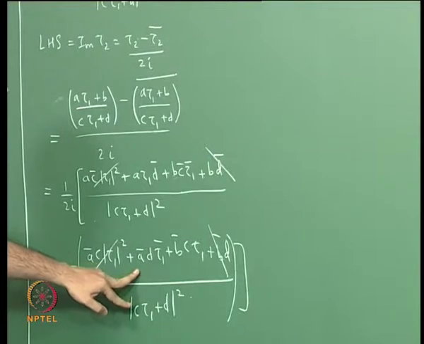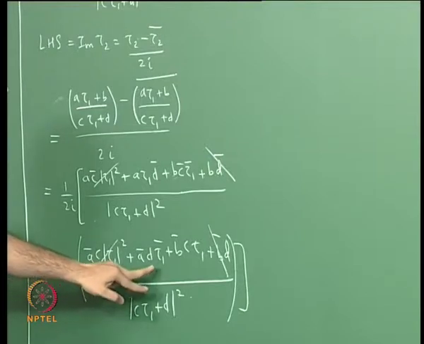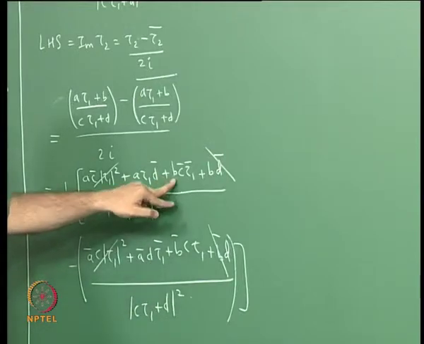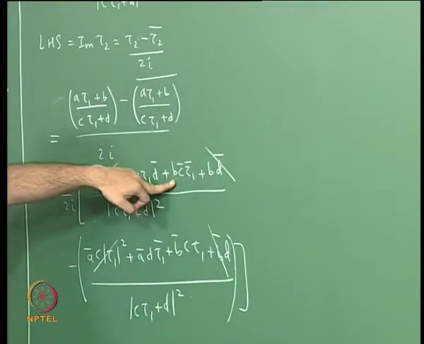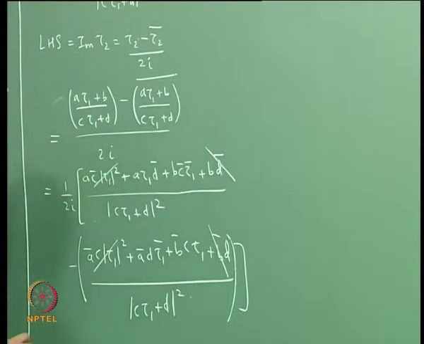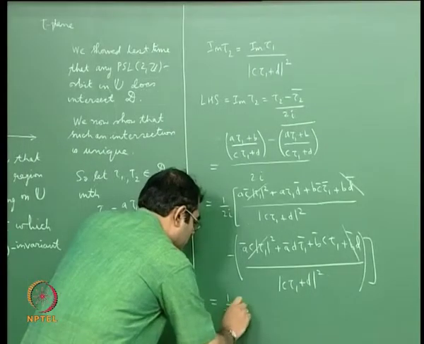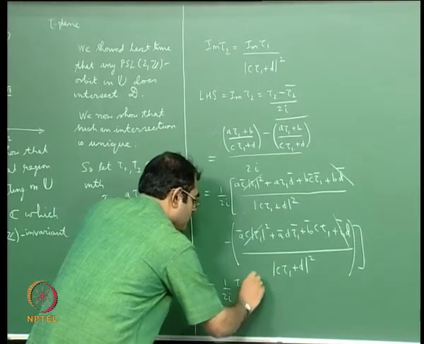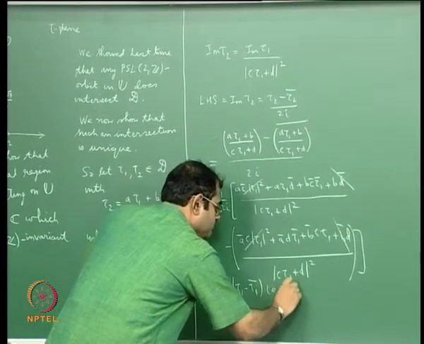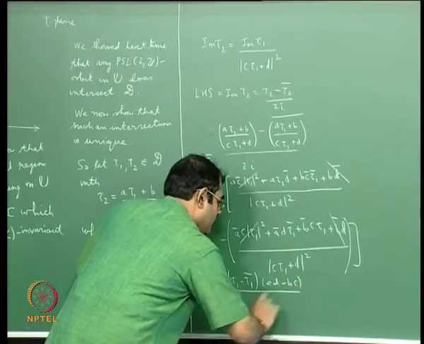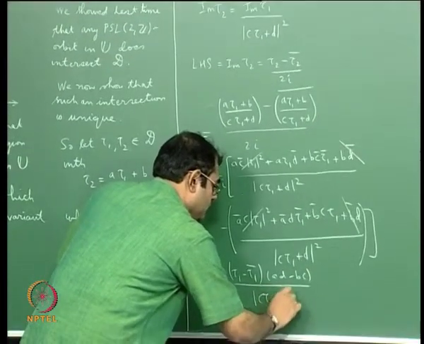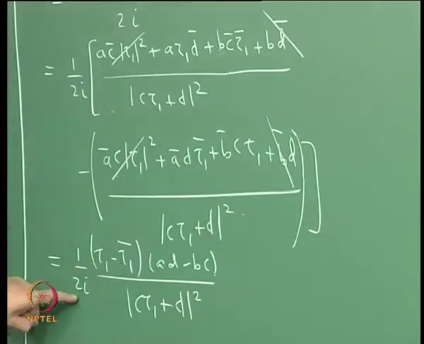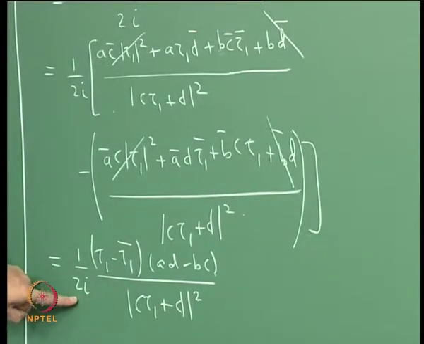And I'll be left with AD into tau 1 minus tau 1 bar plus AD minus BC into tau 1 minus tau 1 bar. So I will simply get 1 by 2i tau 1 minus tau 1 bar into AD minus BC divided by mod C tau 1 plus D the whole squared, but of course AD minus BC is 1 and tau 1 minus tau 1 bar by 2i is the imaginary part of tau 1.